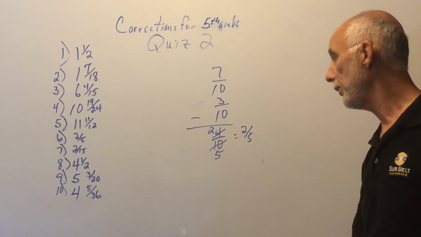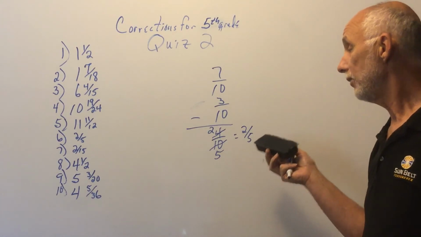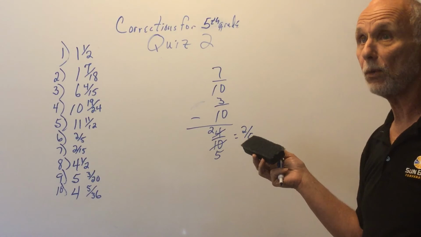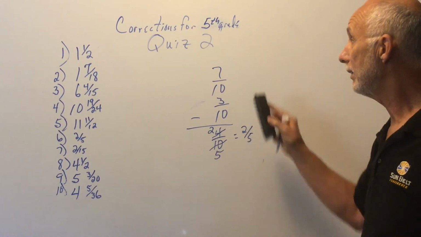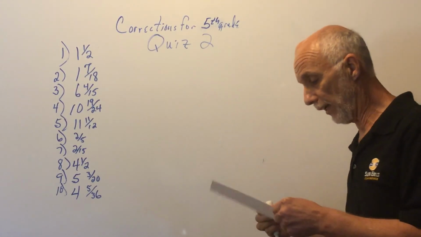And again, a whole bunch of people gave me 4/10, okay, because they subtracted right, but they forgot to simplify. And some people gave me the whole number 1 because they added instead of subtracted. So anyway, the right answer is 2/5.